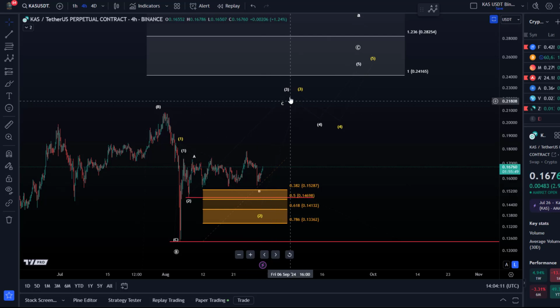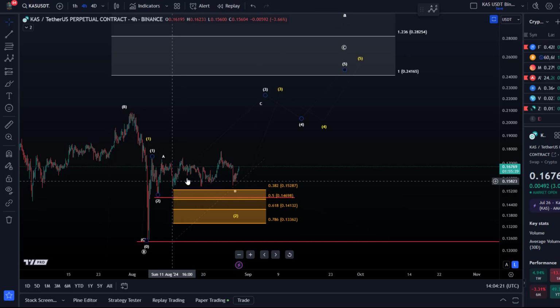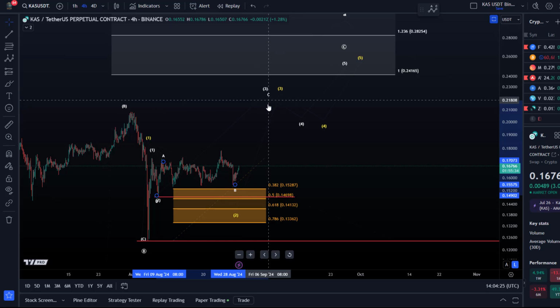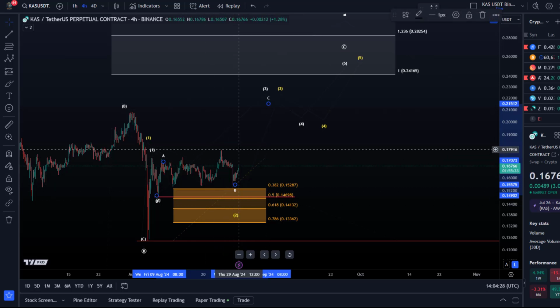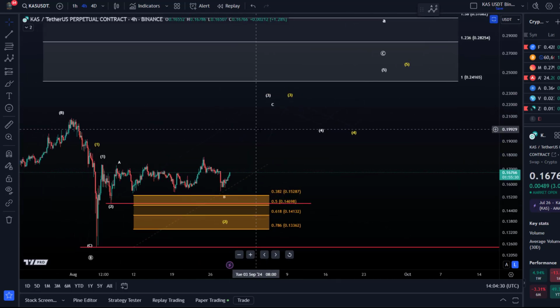Again, maybe wave 3 has started, but that's not very clear yet. When can we say that? So there are a few levels. I mean, again, if we are already in the C wave, the only way really to confirm that would be with a 5-wave move up, 3-wave move down.